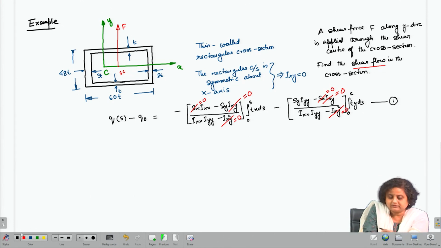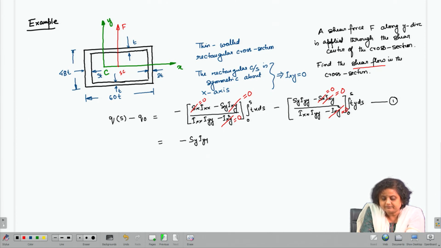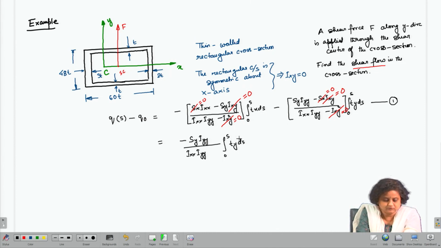So, therefore, this equation just boils down to minus S y by I y y by I x x. So, this is all that we have. So, t is basically varying. So, this is going to be T s.